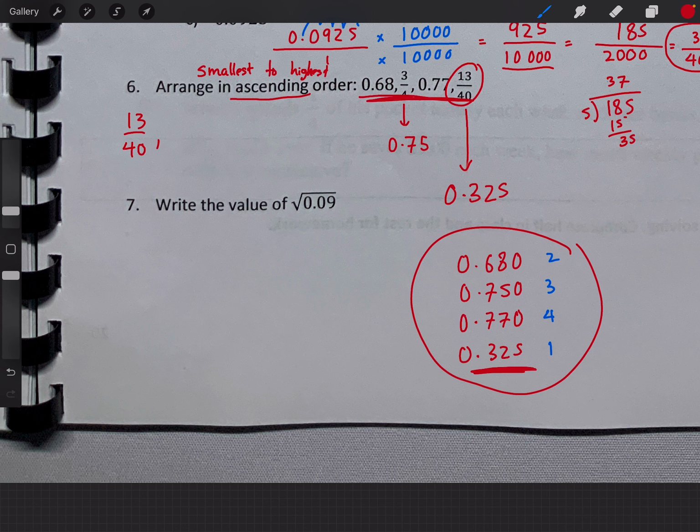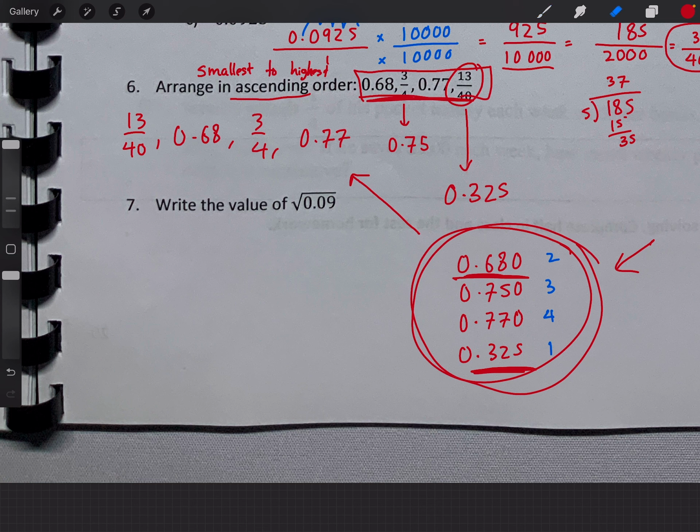The second one is 0.68. The next one is 3/4, and then 0.77, and there's your answer. So we convert it, and then we write the answer in the form that they give us, not the form that we've written down. Okay, so rub this out.